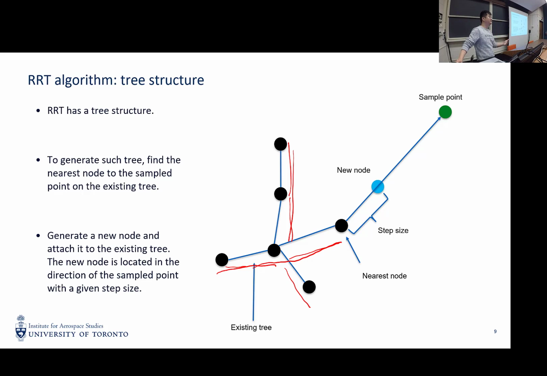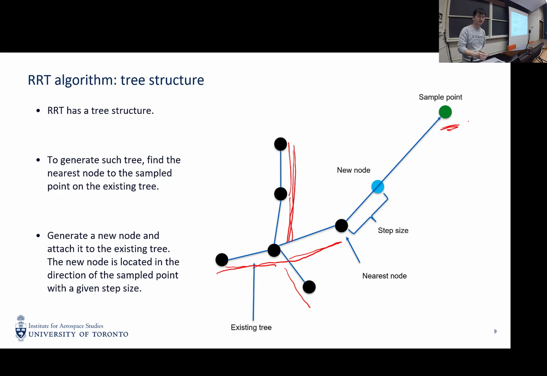So when we have a tree, we move one step ahead and see whether our newly sampled point is in the vicinity of our goal or not. Those black dots are the existing tree, and this green dot is the sample we just made in our workspace. Based on the sampling point, we are going to generate a new node and attach it to the tree.